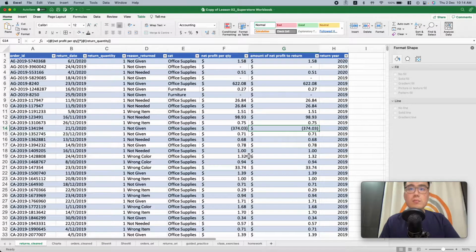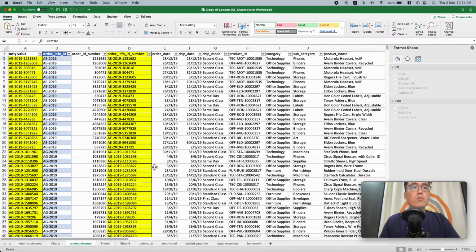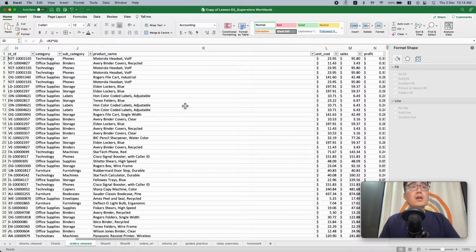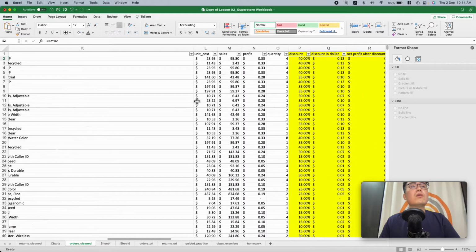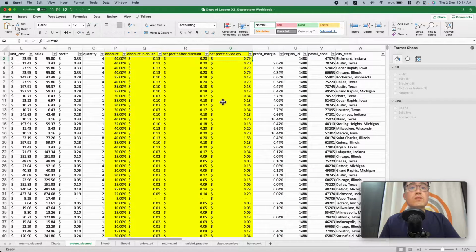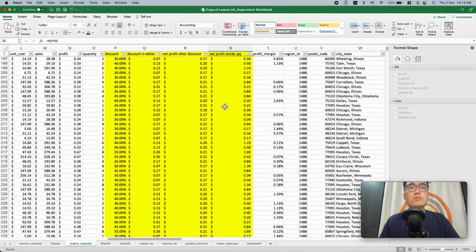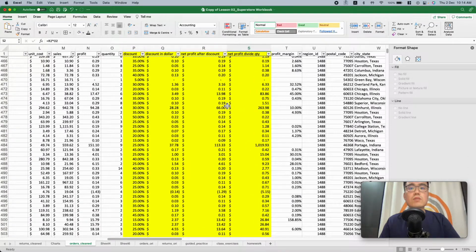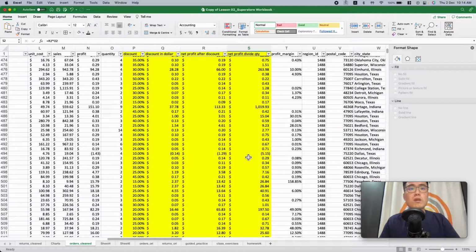Okay, maybe let me give some clarity on this. In the order sense, in the order table, every order that comes in is a profit, or it's a sales, it's a revenue, sorry, it's a revenue, which means, let me search for something that has... okay, this is a good example.